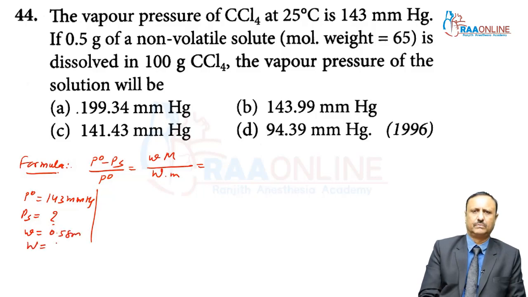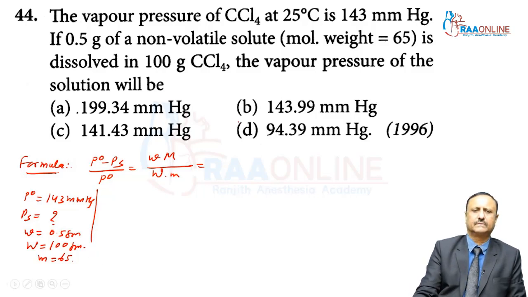What is the capital W? It is 100 gram. What is the small m? It is 65. And what is the capital W? It is also 100 gram. So, my dear students, you can put these values and get the answer.